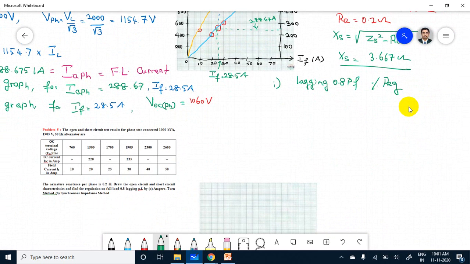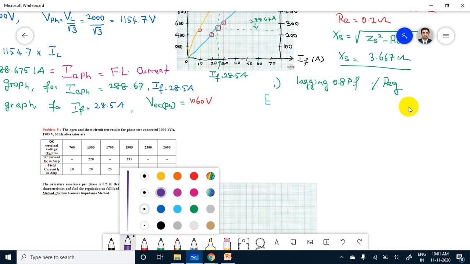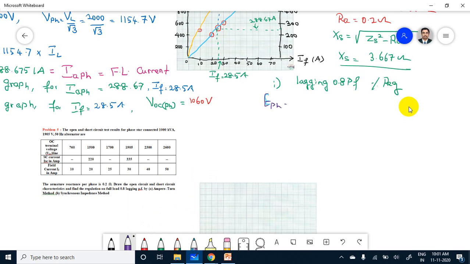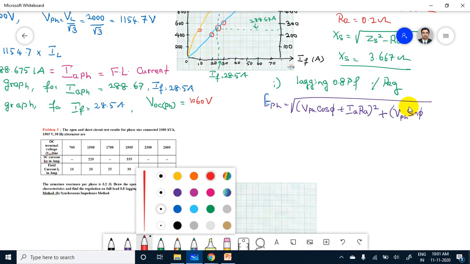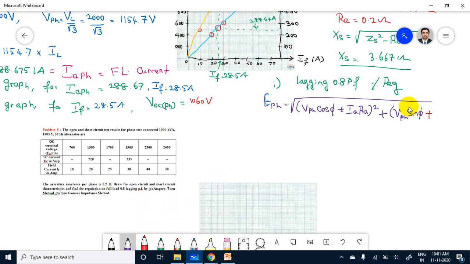The formula is E phase equals the square root of (V phase cos phi plus IA RA) whole square plus (V phase sin phi plus IA XS) whole square. For lagging, you have to put the plus symbol.